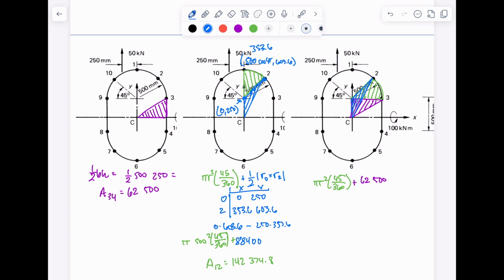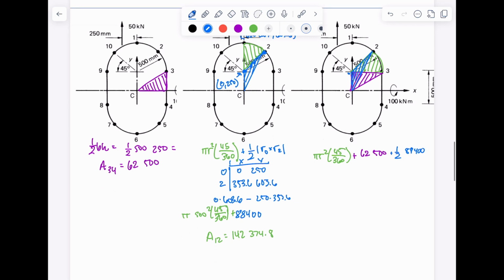Subtract all this, which is, again, what we found, 1/2 of 0,0 to point 2, and area 1 to 2, which is 188,400.